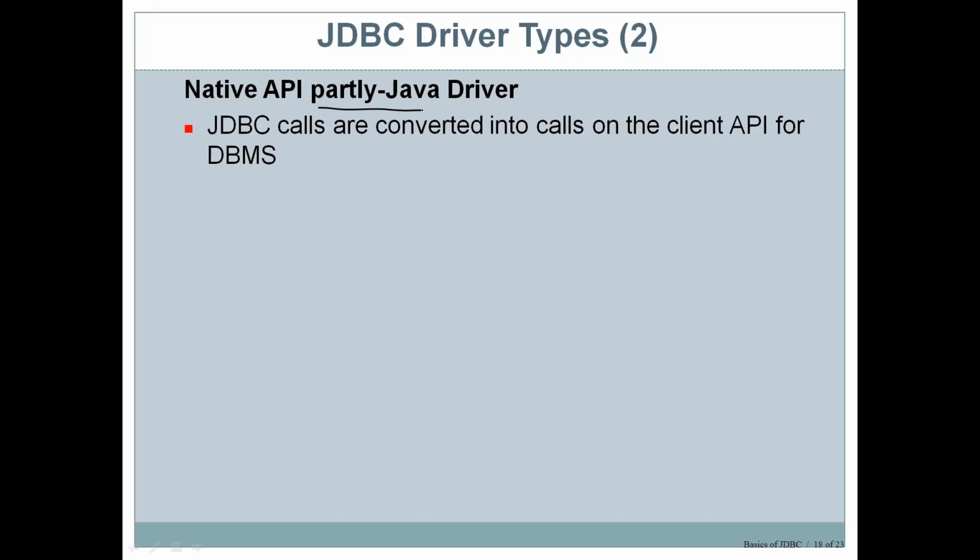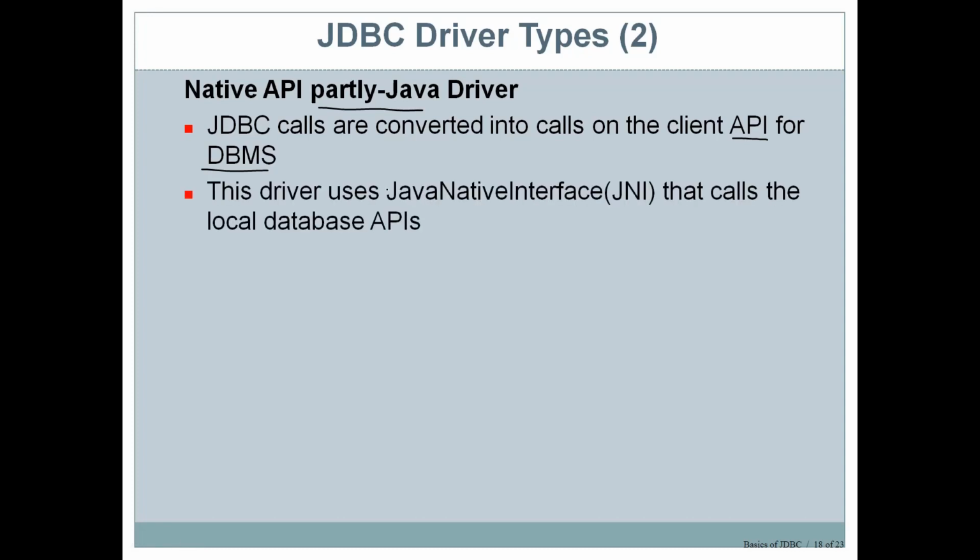We have a type 2 driver, which is called the native API partly Java driver. In this driver, JDBC calls are converted into calls on the client API for the DBMS. So there is no need to convert a JDBC call into an ODBC call. Here the JDBC calls are directly converted into calls on the client API for the DBMS.